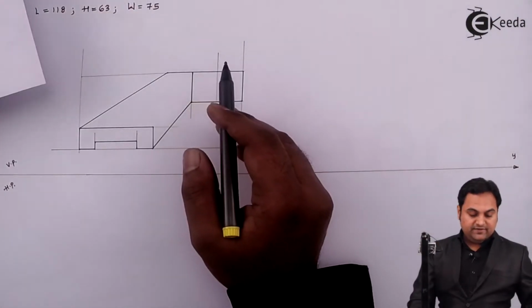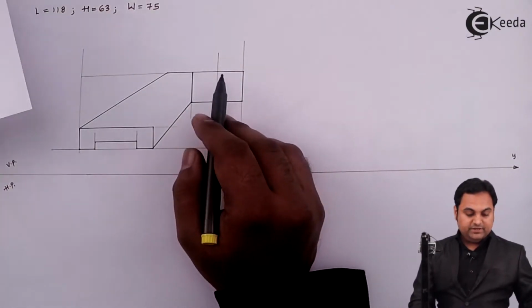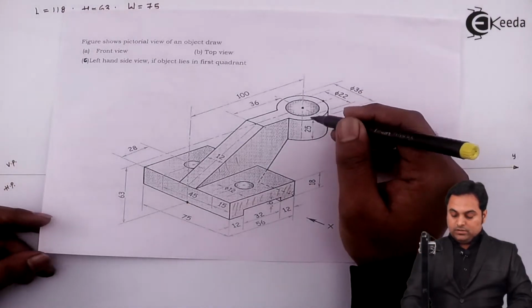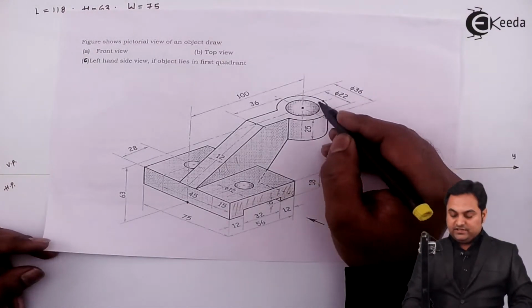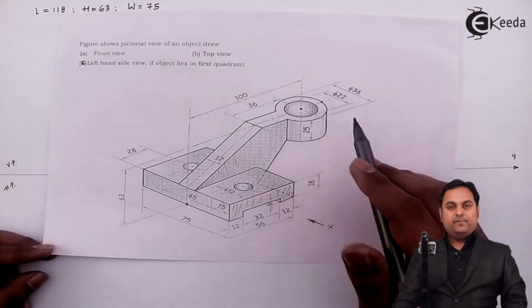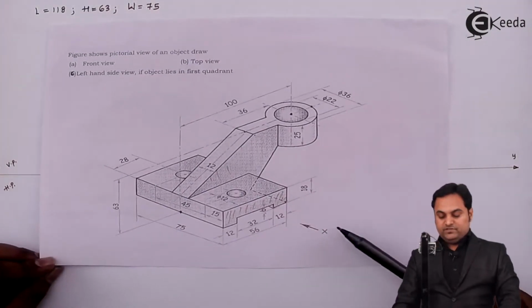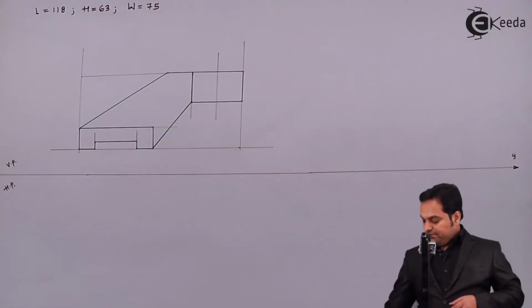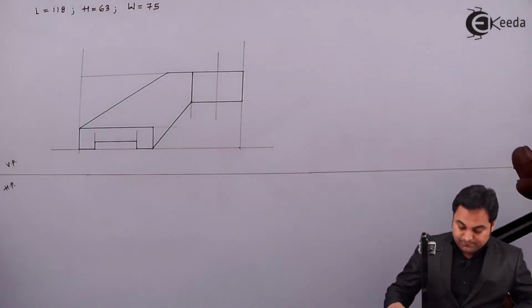Next, here I have drawn this cylinder as a rectangle. Now after this, inside this cylinder there is another circle having diameter 22 mm. That circle will not be visible along the x direction. It means it should be drawn hidden, and that will appear as a hidden rectangle.